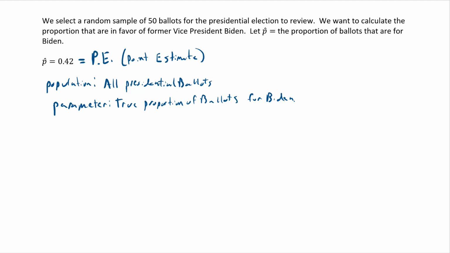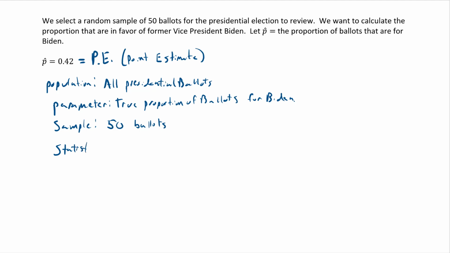And then we're going to look at what our sample is. Our sample is exactly what we talked about at the beginning of the problem: 50 ballots, right? We took 50 ballots. That was our sample that we used to construct our point estimate, or in this case, our actual statistic.